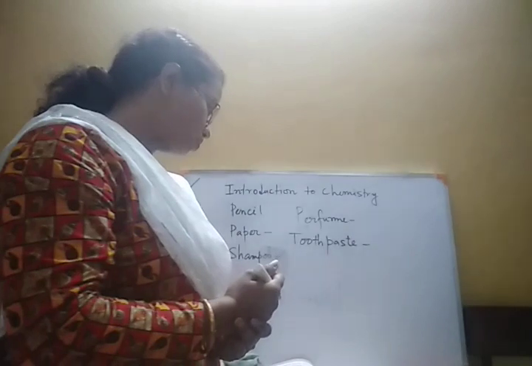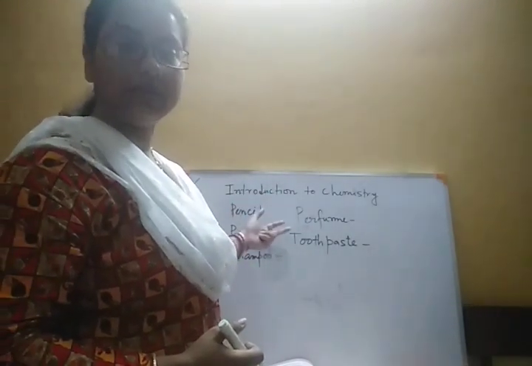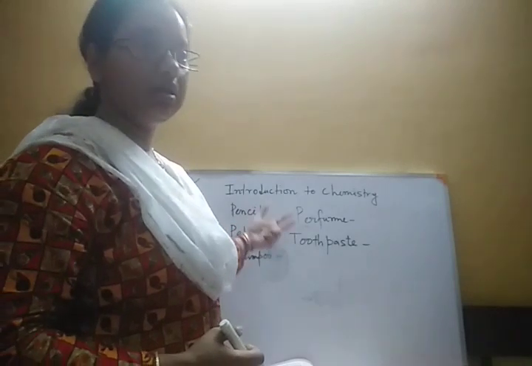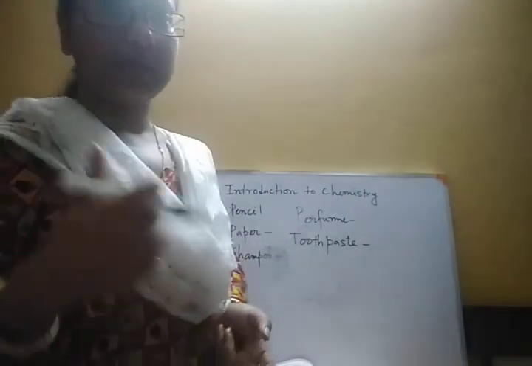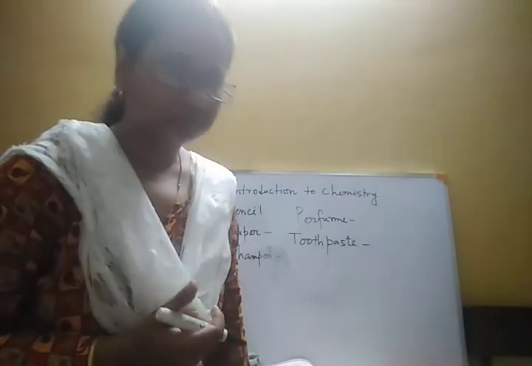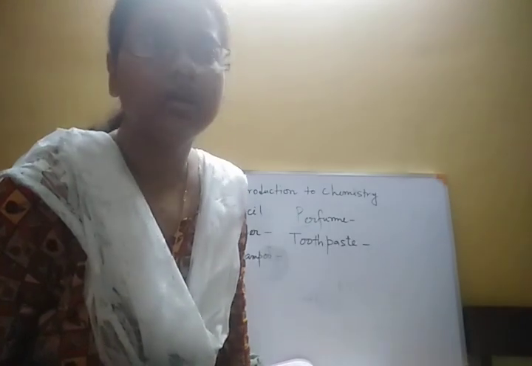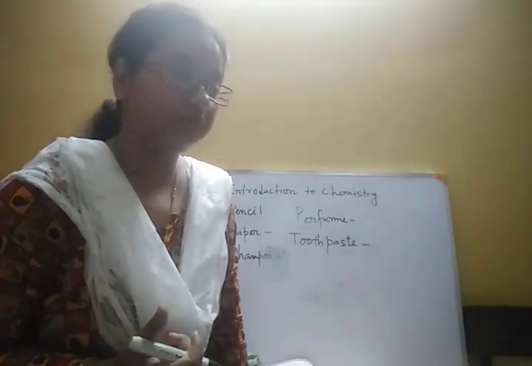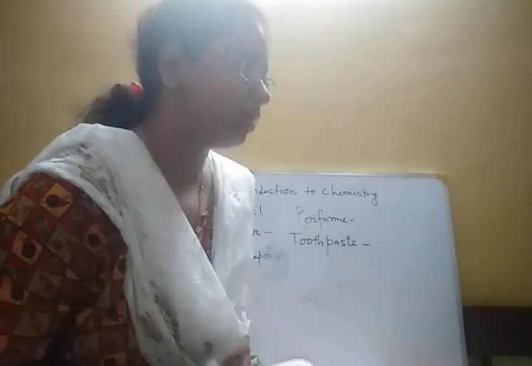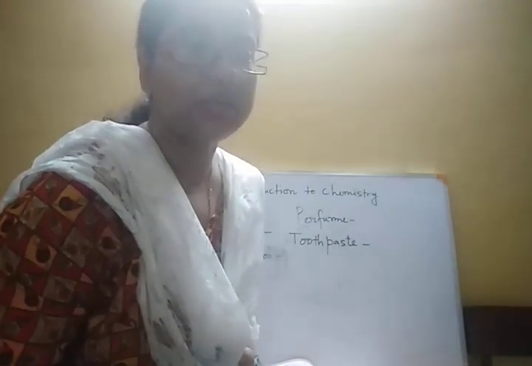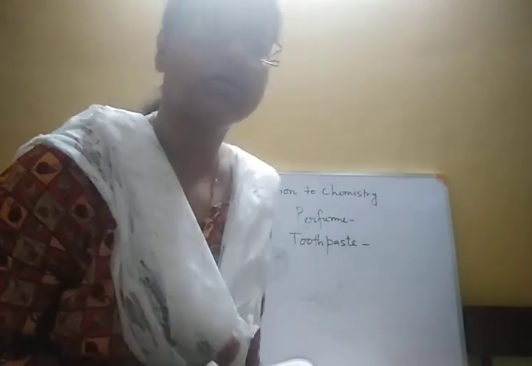Next, we have different cosmetics. These are also some chemical compounds. We have different creams or lotions, along with some eyeshadow, kajal. All these things, in any means, are chemical compounds.